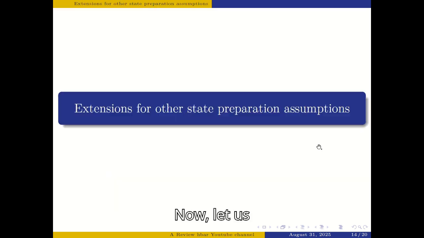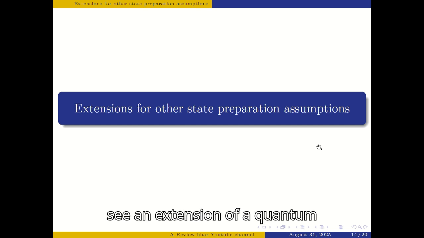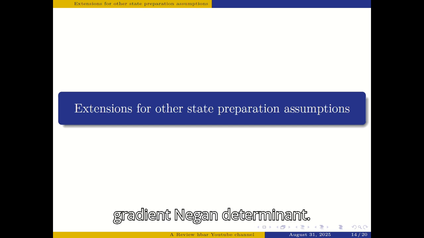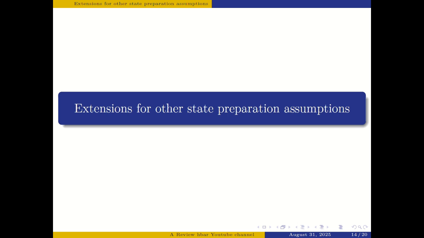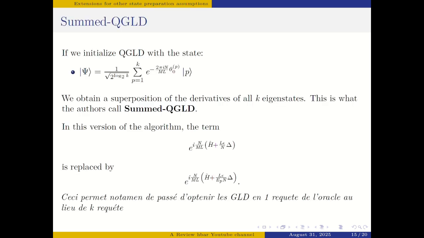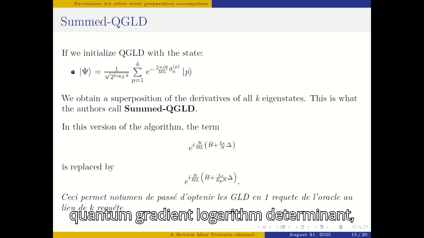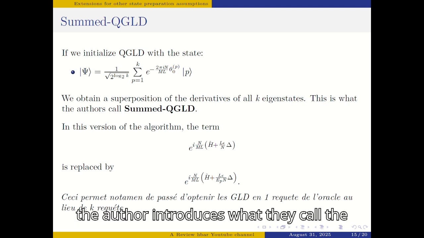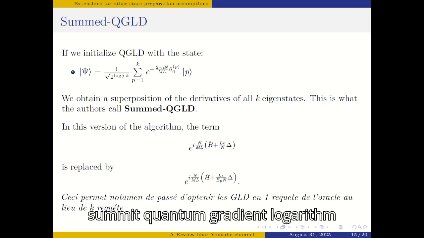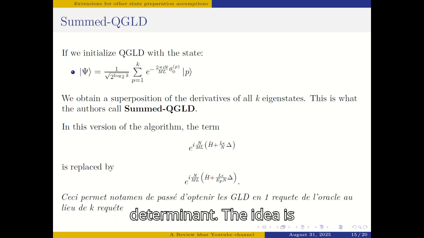Now, let us see an extension of a quantum gradient logarithm determinant. As a continuation of the quantum gradient logarithm determinant, the author introduced what they call the summate quantum gradient logarithm determinant. The idea is the following.